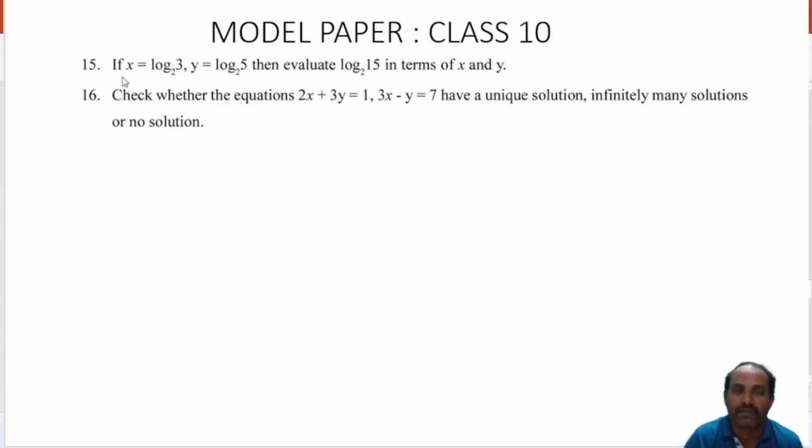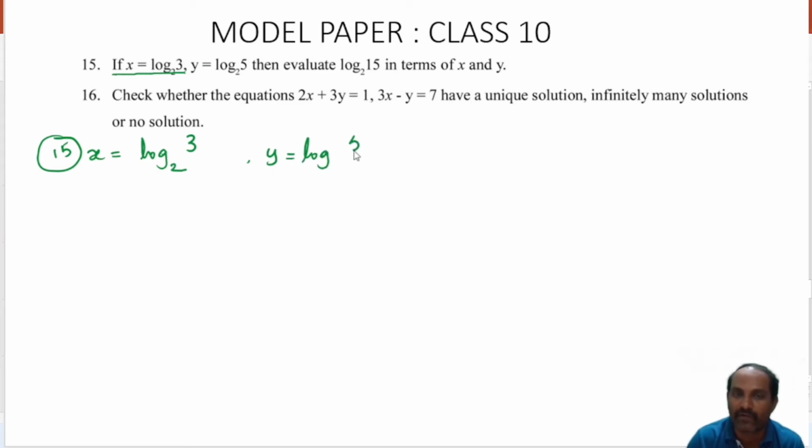15th question. If x is equal to log 3 to the base 2 (don't read it as log 2 cube, this one is log 3 to the base 2), and the y value is also given, y equal to log 5 to the base 2.